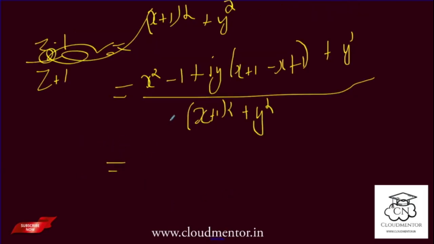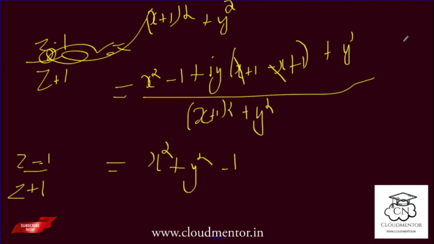And now simplifying, I can write z minus 1 by z plus 1 is equal to, yes, here they cancel out, so we get x square plus y square minus 1, that's the real part here, divided by the denominator, that is x plus 1 the whole square plus y square.